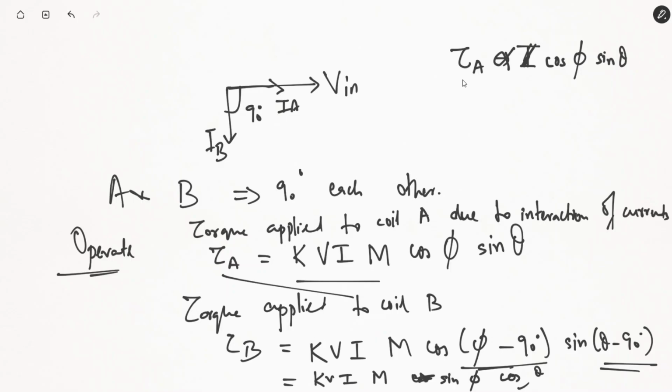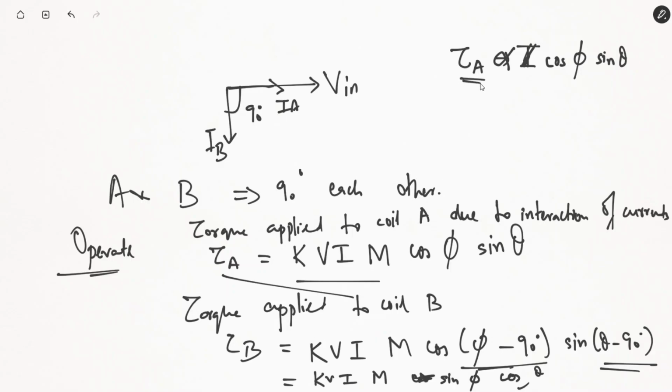Because of the interaction of the two magnetic fields, a torque will be induced on the coils A and B. These are both pressure coils. Now they are located 90 degrees to each other, as well as the current flowing through them is electrically having a phase difference of 90 degrees.